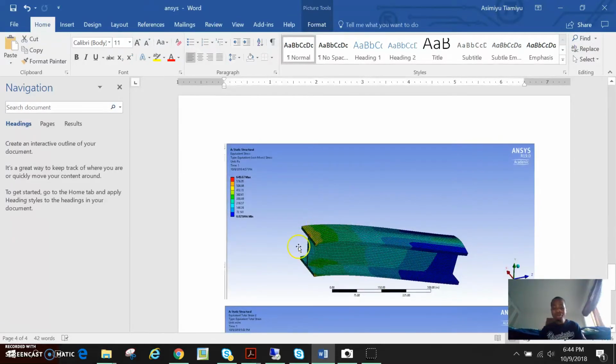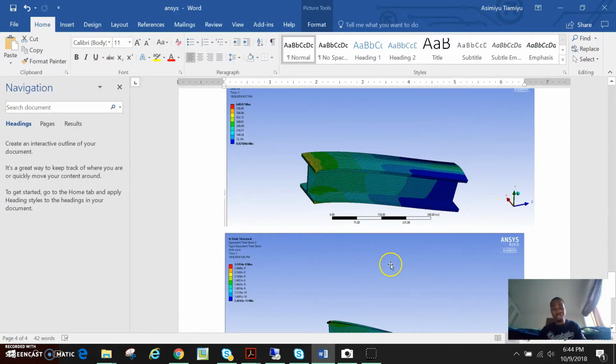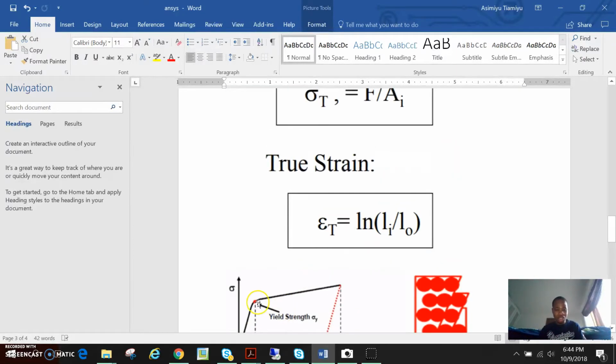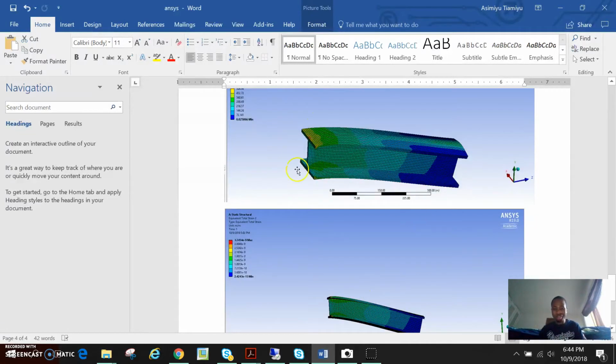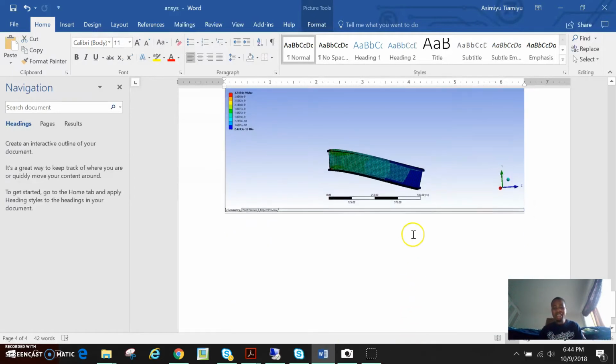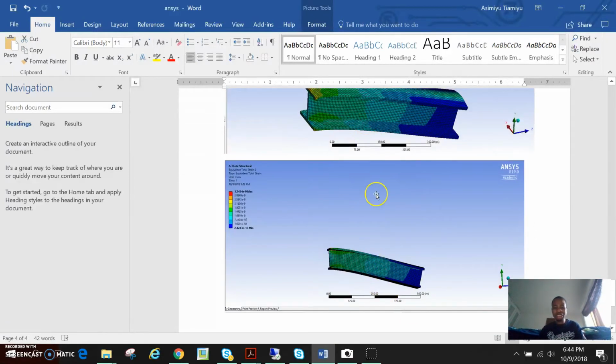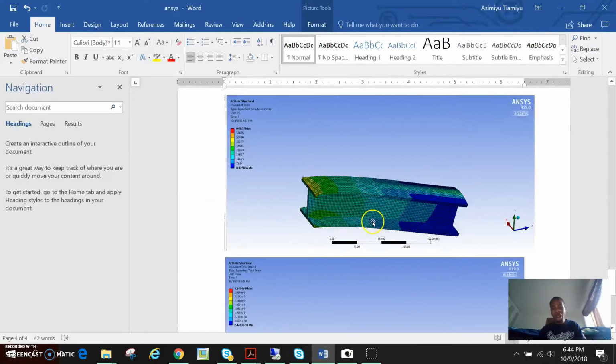If I choose my stress on this beam above the yield strength of this beam, there will be plastic deformation definitely, which means I'm going beyond from this place to this place, so this beam is going to deform as you see it here. In the next video I will show you the analysis in ANSYS and how I got to this place. I will show you everything in ANSYS.